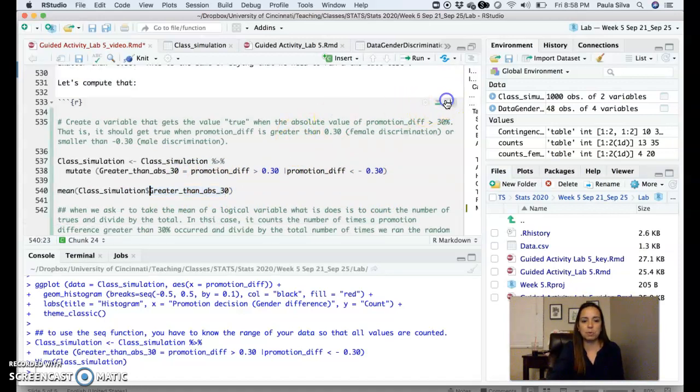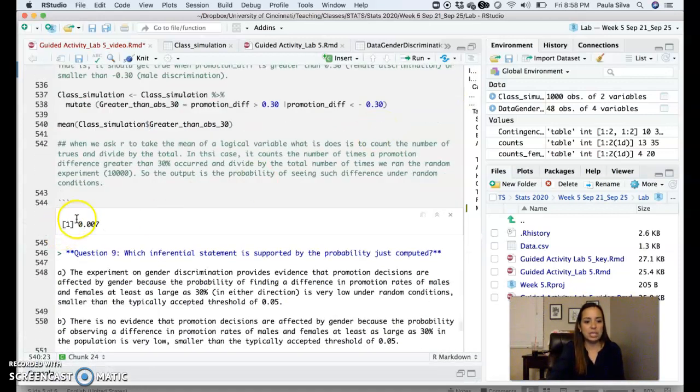So let's run both of them, and we can see that the proportion of all of the observations where the difference was greater than 30 or smaller than -30 was 0.007. That is so much less than 5%, than the 0.05, right? It's much, much less. It's very unlikely to see this.